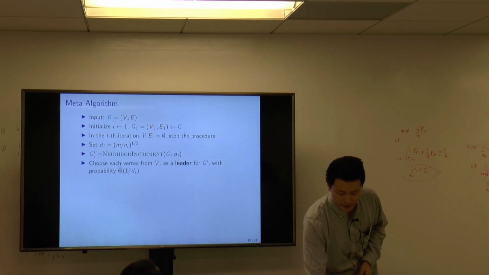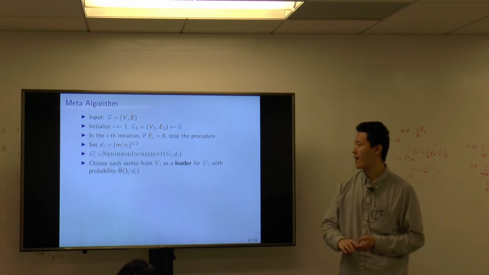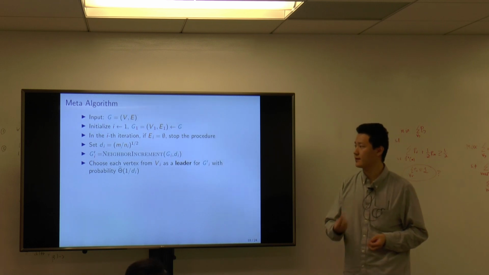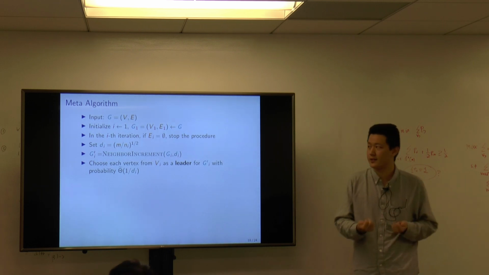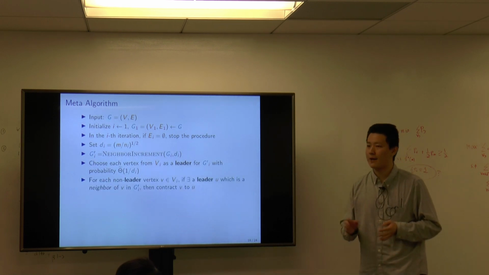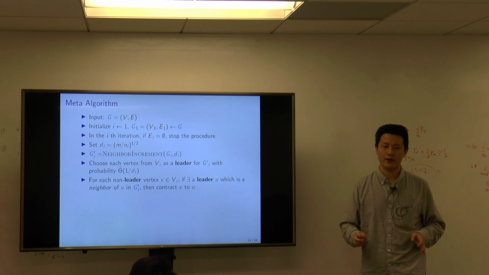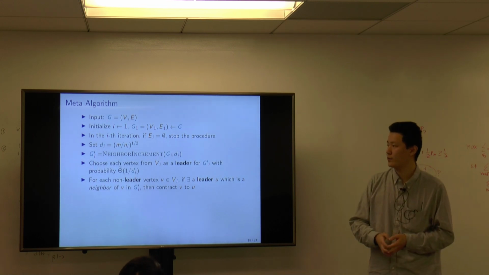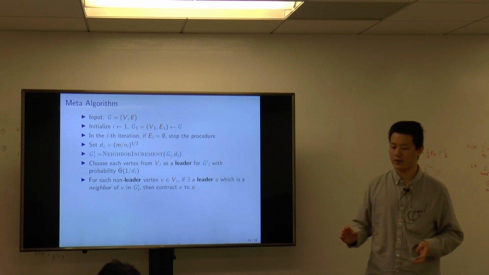After you run this procedure, you have a high degree graph. So you can choose each vertex as a leader with probability about 1 over di. And as I mentioned before, with high probability, each non-leader vertex will have at least one leader neighbor. So we can do the contraction. We can contract all the non-leader vertices.